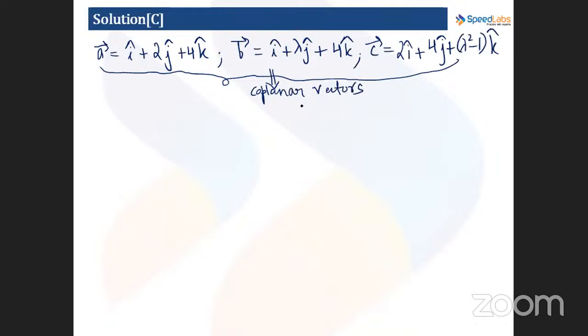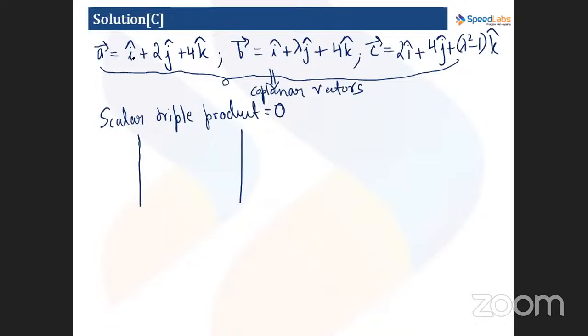If the vectors are coplanar, then their scalar triple product is 0. And how do we find the scalar triple product for three vectors? We simply find the determinant of the coefficients of i cap, j cap, and k cap. This is given as 0. So here it will be 1, 2, 4, then 1, lambda, 4, and 2, 4, lambda square minus 1.